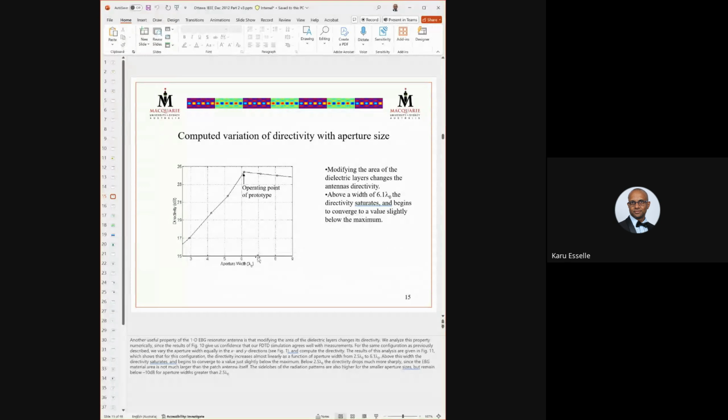Then about increasing the aperture size, we made it 6 lambda naught by 6 lambda naught. Increasing it further would not give us much directivity; actually directivity drops.